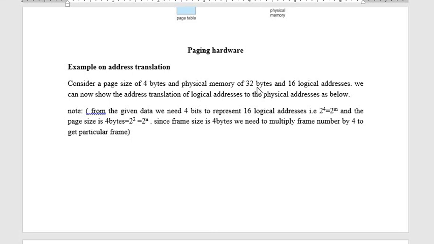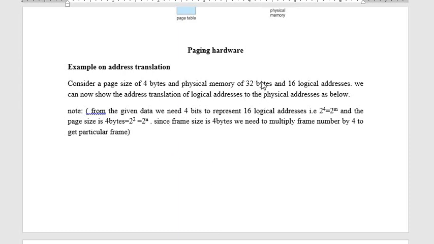This 32 bytes has to be divided into frames, and we already know that the page size is equal to the frame size. So if you divide 32 bytes into frames of size 2 to the power of 2, or 4 bytes, 32 divided by 4 gives you 8 frames. Remember that.